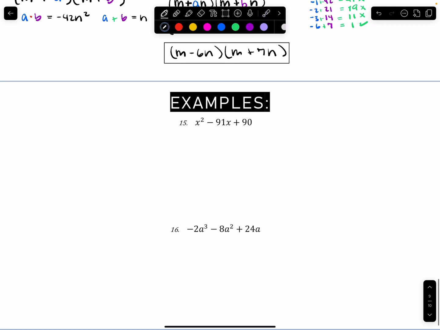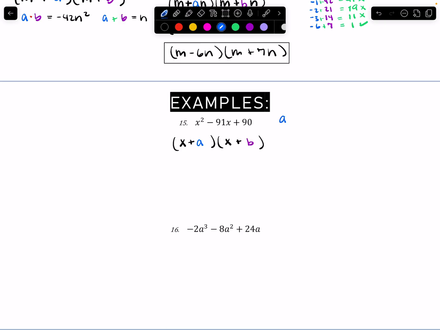Next guy, no common factors here, so we immediately start. This is going to be something times something. The only way to get x squared is x and x. Then we will have, I'm going to write out the details here, and then the last one I won't write out the details, plus a number, plus a number.